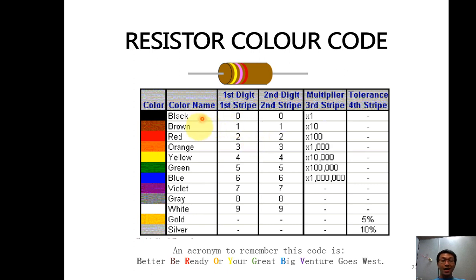For example, black will be 0, brown will be 1, and so on. And there's an acronym to remember this code. For example, black, brown, red: Better Be Ready Or Your Great Big Venture Goes West. This is how we memorize all the color codes.